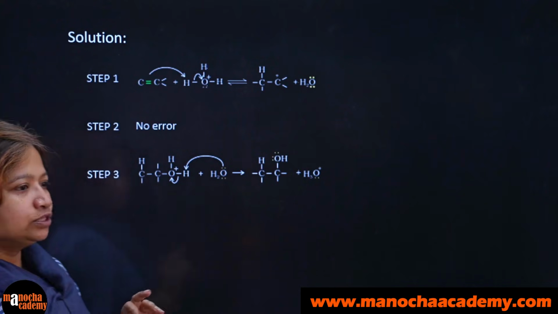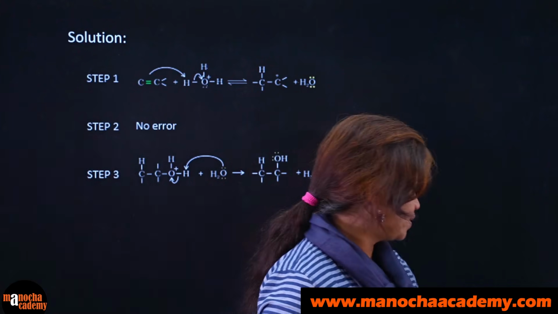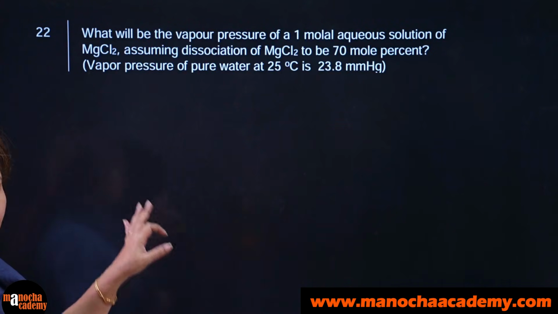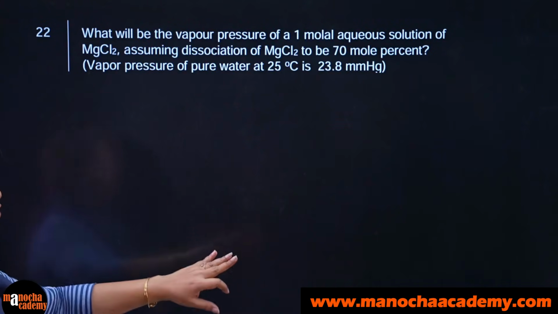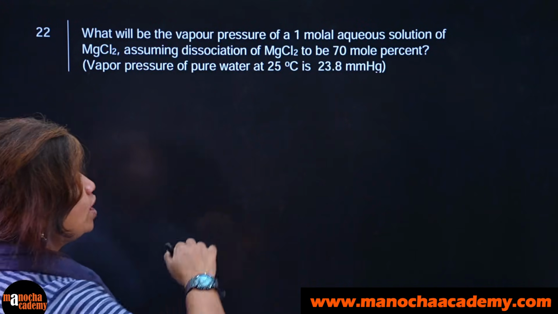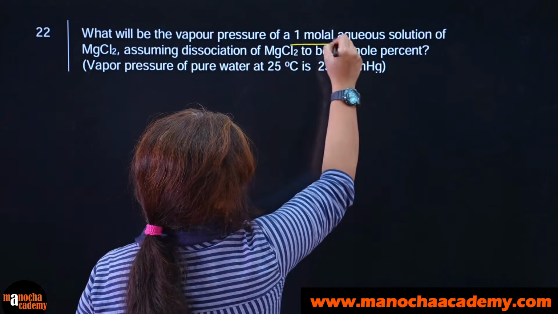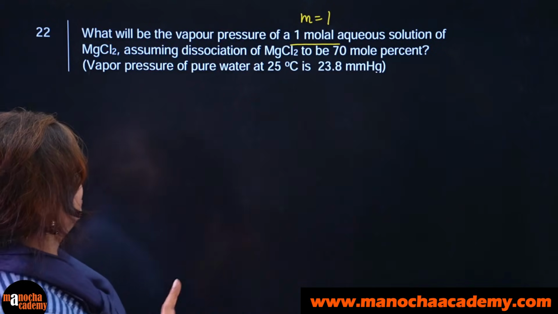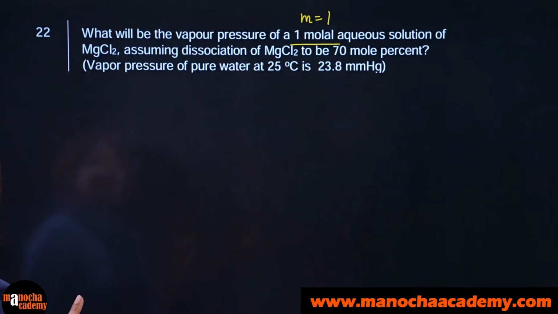Okay. So with this I move to the next question. It's a numerical question using a formula. I'll not solve it here; we'll look at the solution directly, but I'm telling you what it asks. What will be the vapor pressure of a 1 molal solution, here M is given equal to 1, molality 1, of MgCl2.